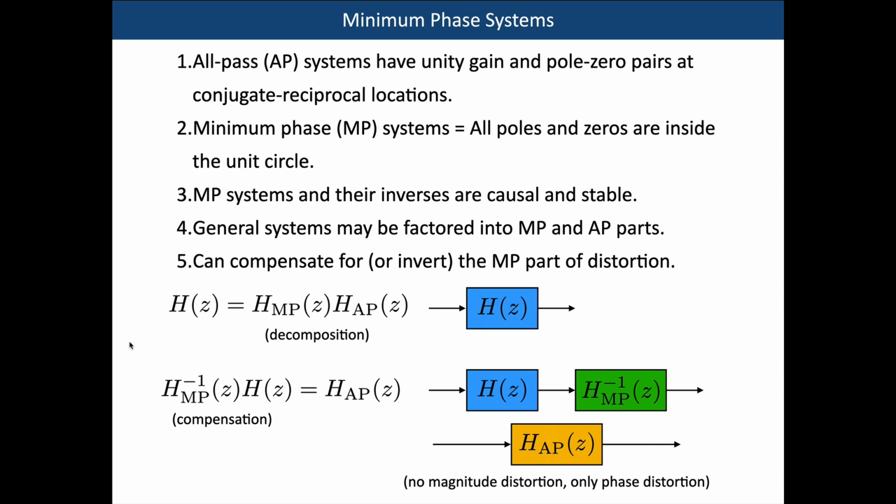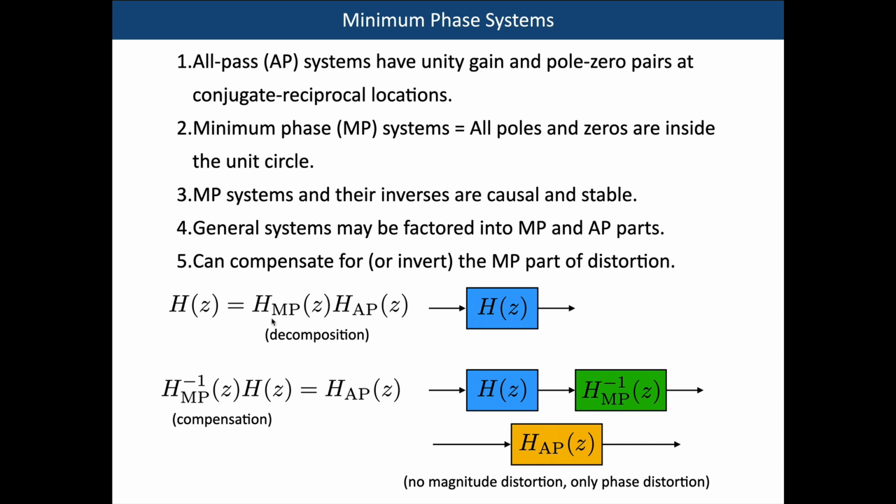It turns out that an arbitrary rational transfer function H of z, which corresponds to a linear time-invariant system, can be decomposed into a part that is minimum phase, where all poles and zeros are inside the unit circle, and a part that is Allpass, where poles and zeros appear in these conjugate reciprocal pairs. So this is a decomposition of a transfer function. Now, let's suppose we've taken out this decomposition.